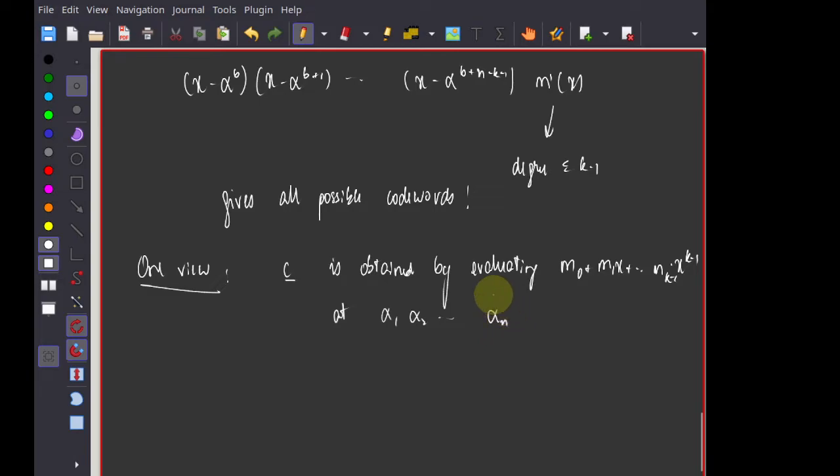The code word can be viewed as evaluation of a certain polynomial at n different points.